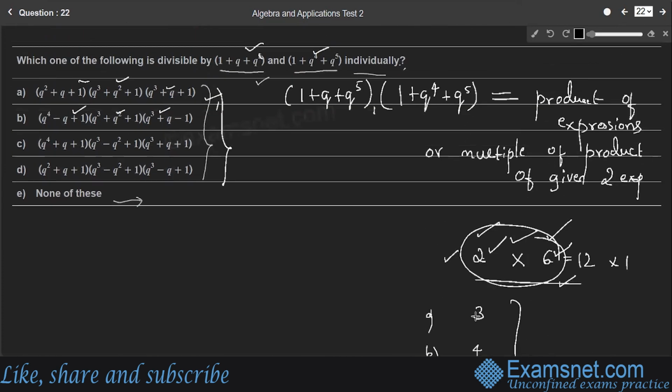In the same way, we'll consider the given two expressions and the product of the two expressions. If you consider the product of two expressions, you will get an expression. We'll consider (1 + q^5)(q^4 + q^5)... which is in the form of (x + a)(x + b).